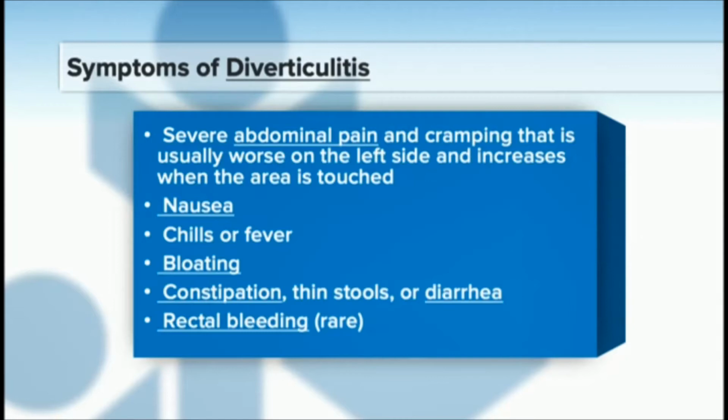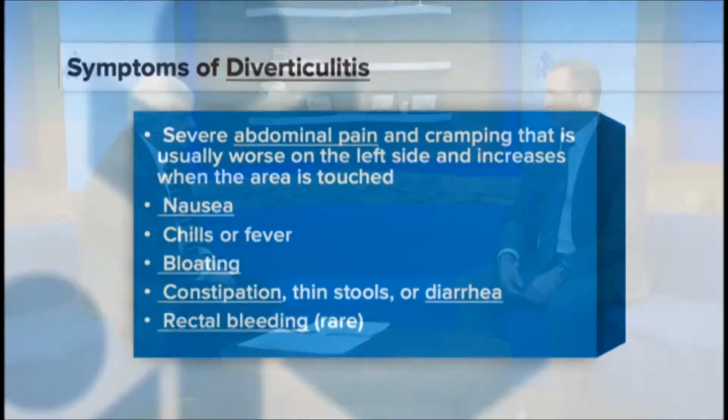Sometimes you'll have diarrhea, occasionally bloody stools with that. Now, you said usually left lower quadrant, but it could be anywhere? Could be anywhere. So how do you know you have diverticulosis? So most people don't know they have diverticulosis unless it's incidentally found on a colonoscopy or on a CAT scan that they're looking for something else.